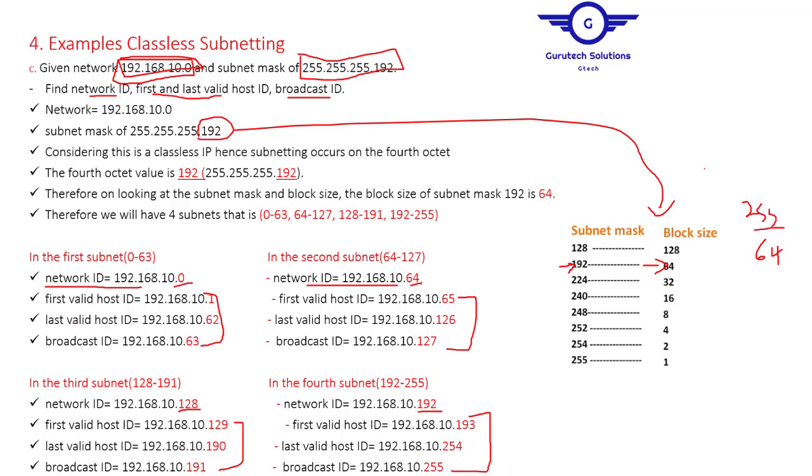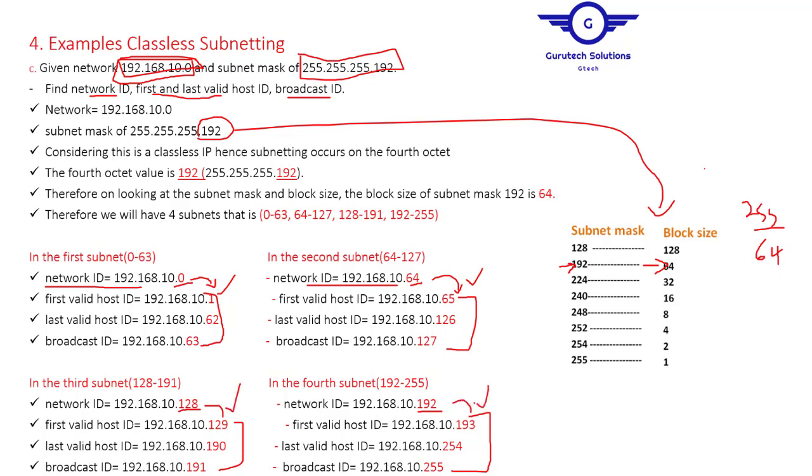First valid host ID, last valid host ID. How do we calculate the first valid host ID? You just add 1 to the network ID and you get it. Also here you just add 1 to the network ID and you get it. Same applies here.